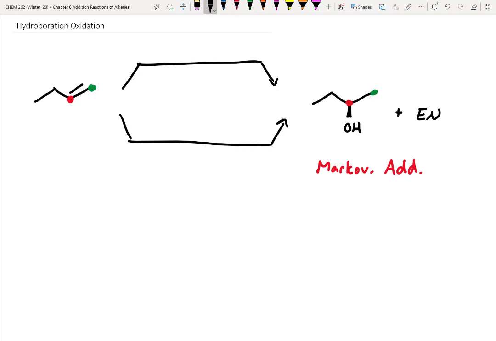The first way we saw was H plus and water, right? So our catalytic acid and water pathway, that one seemed to make a lot of sense. And then we also saw that we still get the more substituted alcohol using oxymercuration-demercuration. So the one we just saw, even though it's more toxic, would also work for this situation.